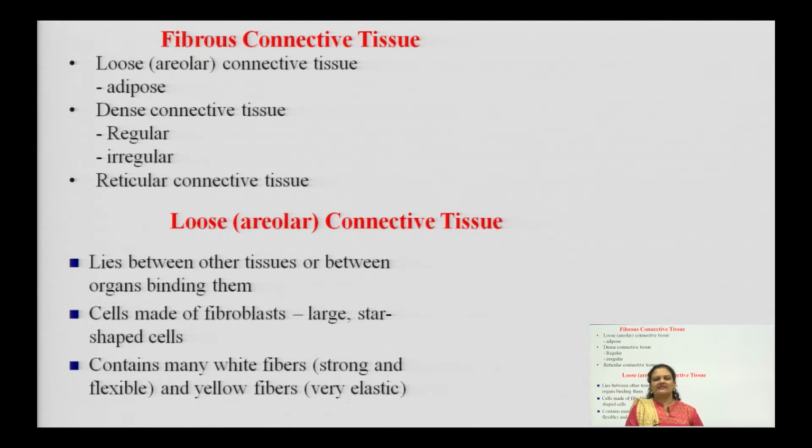These fibroblast cells are large, and in anatomy they look like star shaped cells, and these fibroblast cells contain many white fibers, which are made up of collagen protein, which is strong and flexible in nature, and sometimes, or rarely, in minute amounts, the yellow fiber, which is more elastic as compared to the white or collagen fibers.